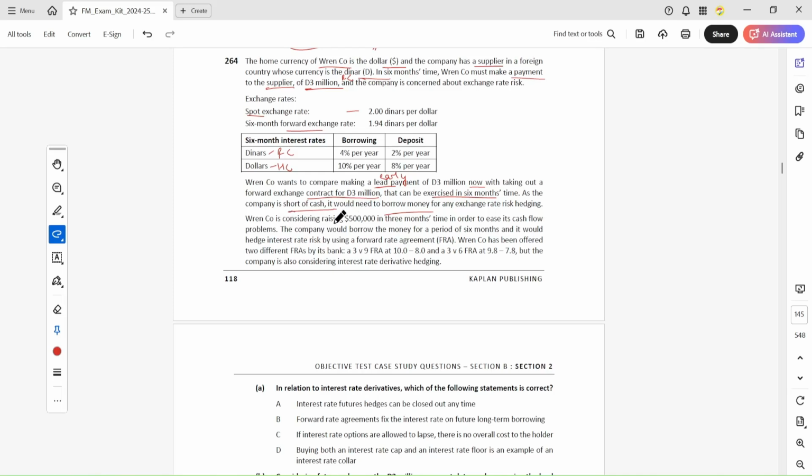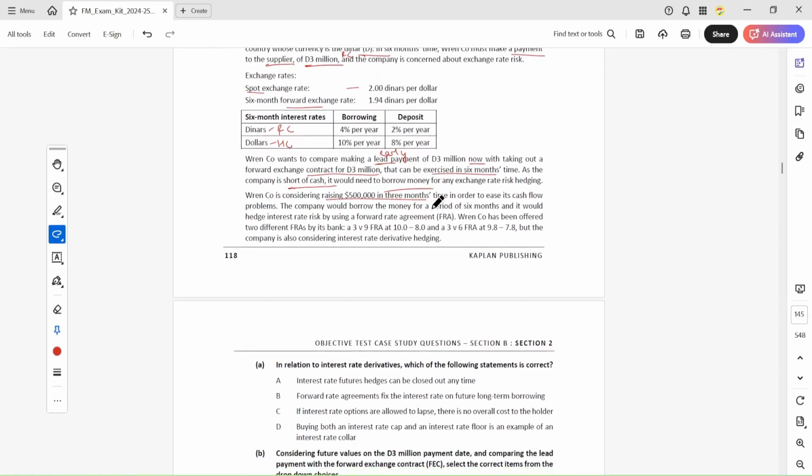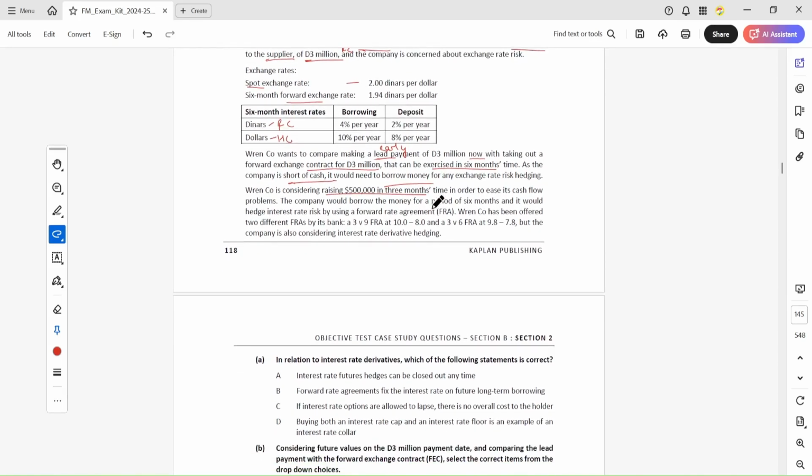The company is considering raising money in 3 months time, borrowing for a period of 6 months, so 3 to 9.